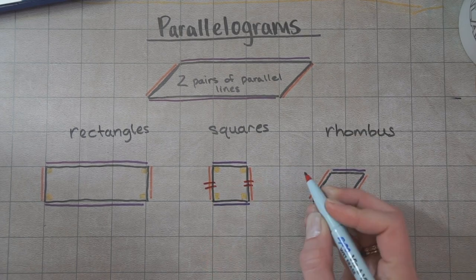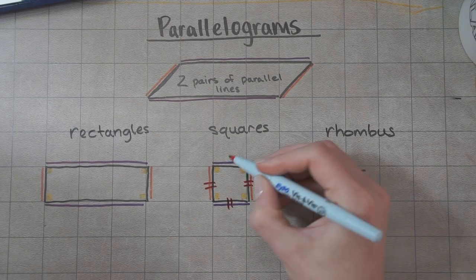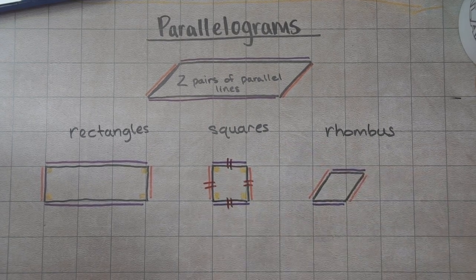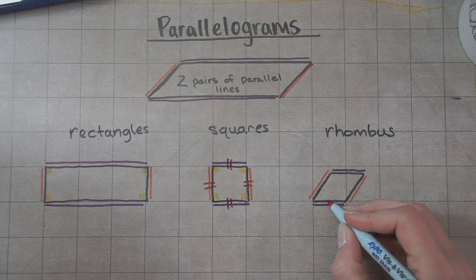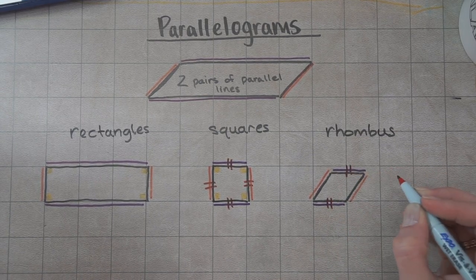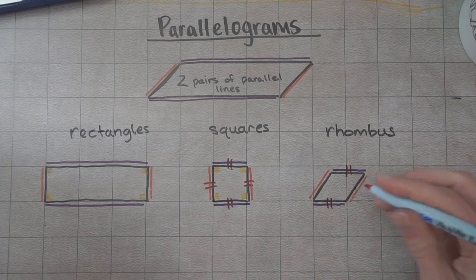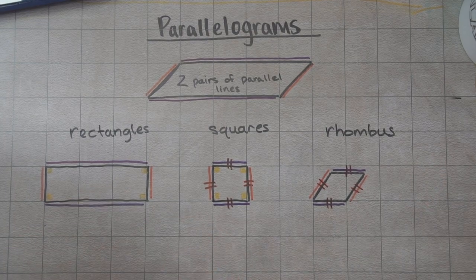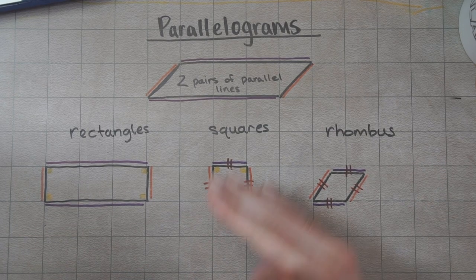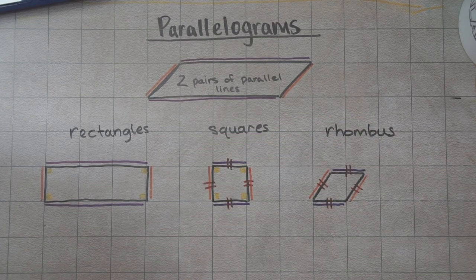This side is equal to this side, which is equal to this side, which is equal to this side. They're all equal. Rhombuses are actually the same. This side is equal to this side, but if we measure, these sides are the same lengths too, they're just tipped diagonally. It's like you took the square and squished it.